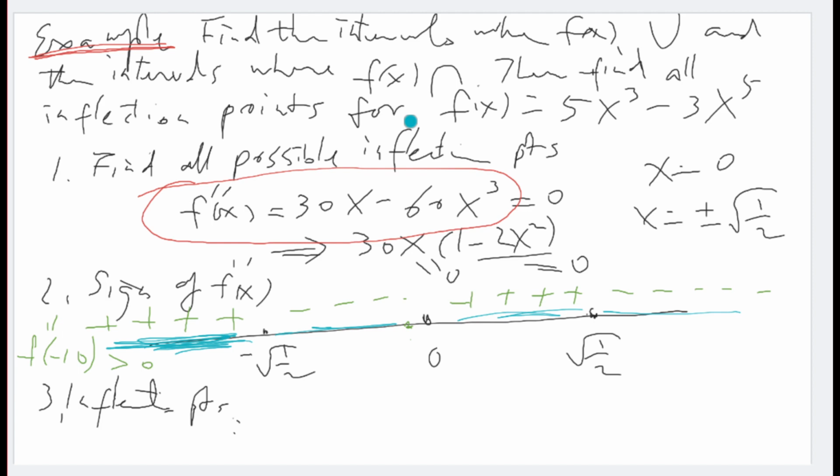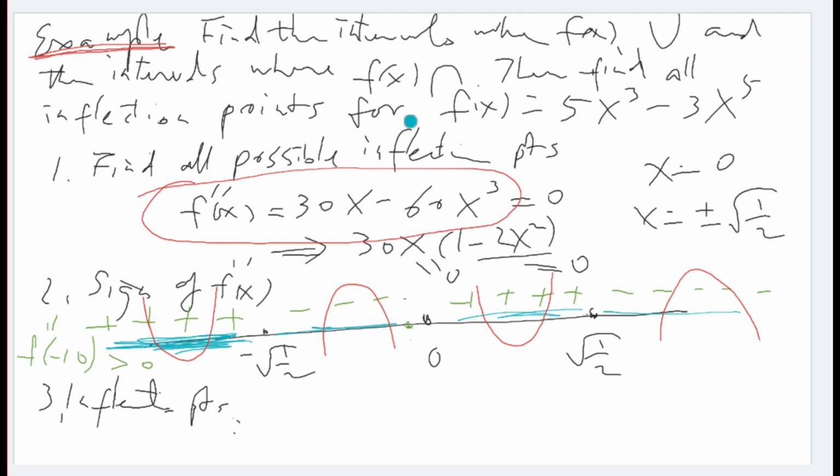So this is the sign distribution of the second derivative. Our goal is to determine the concavity structure: positive is concave up, negative is concave down, positive concave up, down.